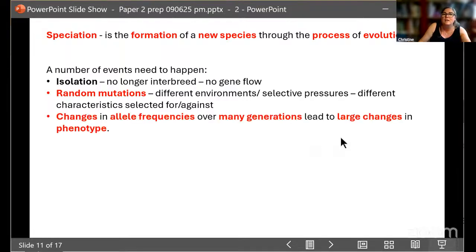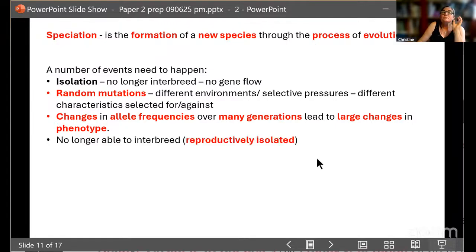So we're going to see a change in allele frequency. Hardy-Weinberg equation coming in potentially as a question this year. I feel like they love a Hardy-Weinberg equation. If there is no longer an ability for them to interbreed, they are now reproductively isolated. They are now new species.